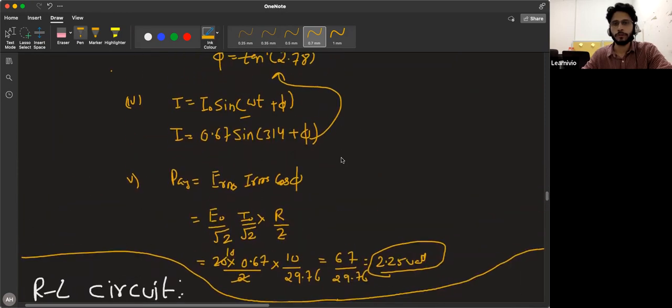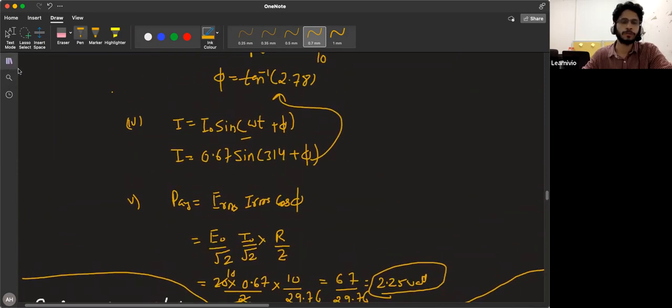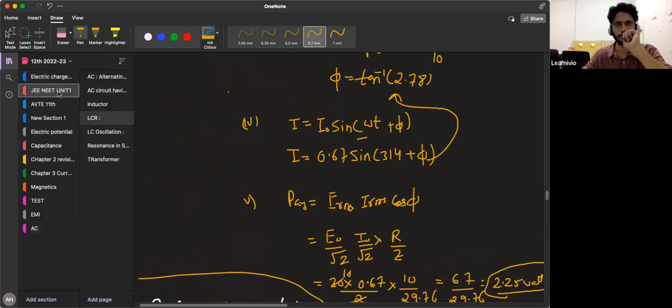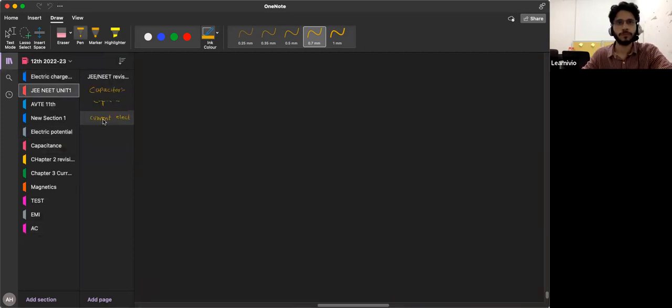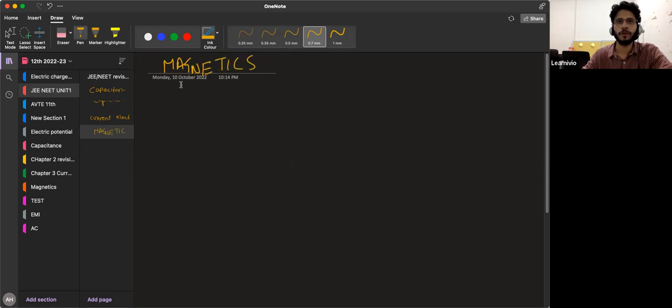Okay, so let's stop here. We'll start with the revision of magnetics. For magnetics particularly, if we compare the syllabus of JEE and NCERT, then all topics exactly match.